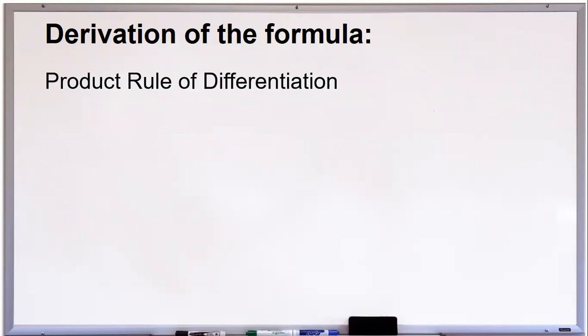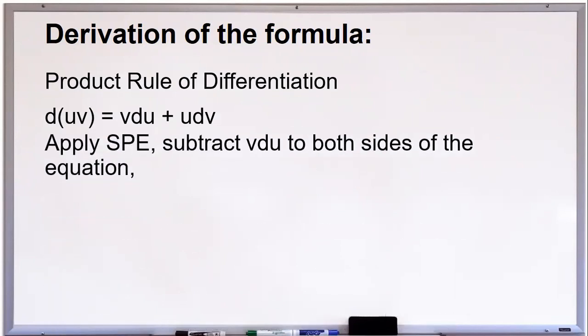So if you remember, di ba sa product rule of differentiation, we have the derivative of uv, which is equal to v du plus u dv, no? Okay, so we apply SPE or subtraction property of equality. So yan ang wag natin kakalimutan kasi kahit saan yan applicable yung mga properties of equality natin.